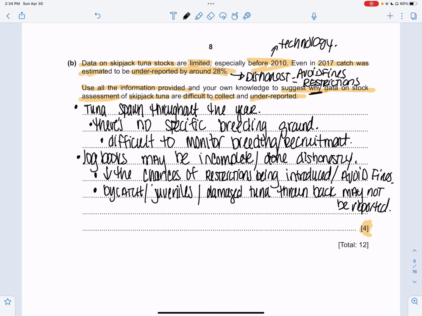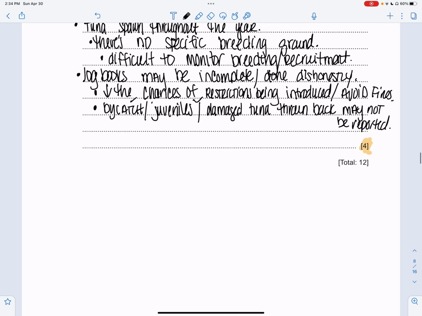For the same reasons, bycatch is going to cost you, it's going to cause fines, and they know this. Catching juveniles, so catching below the stated legal size limit, and damaging tuna and throwing them back because they're not worth keeping, would be reported in your bycatch or discards. That would all go towards your ultimate quota, and they obviously don't want that to happen, because then there will be fines if they go past it.